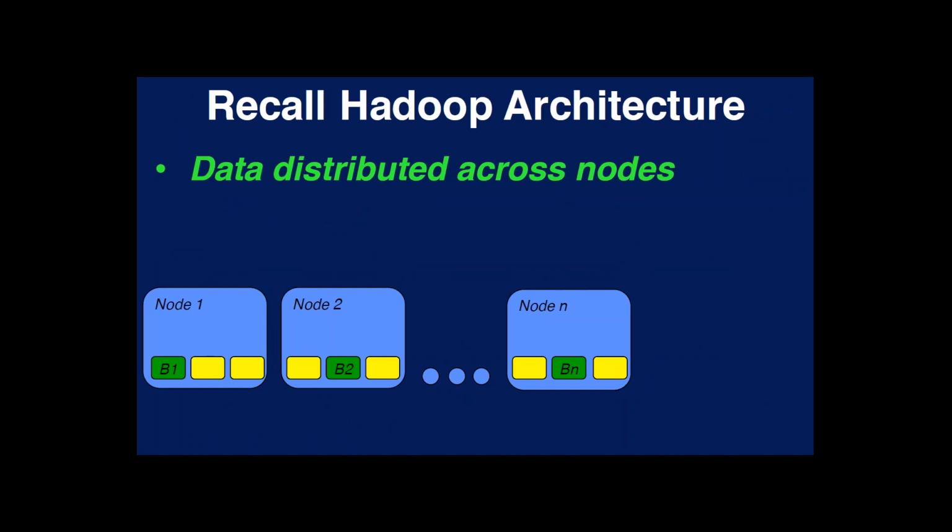If we recall the previous classes, data is distributed across the nodes in HDFS. For example, block 1 is replicated three times. The main block 1 is first copied on, for example, node 1, and the other two are copied on node 2 and node 3.